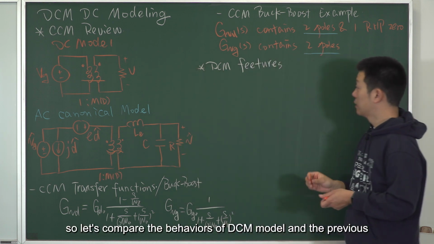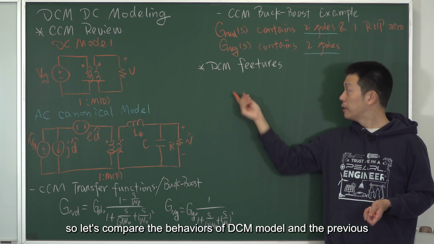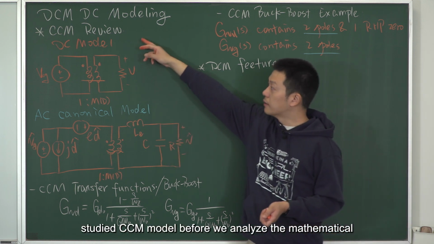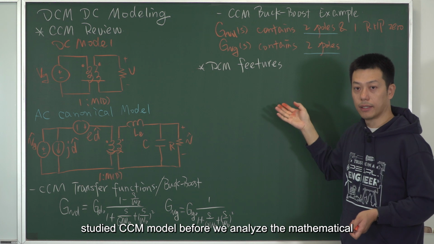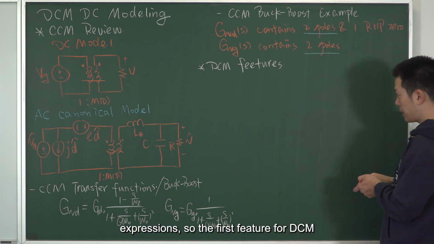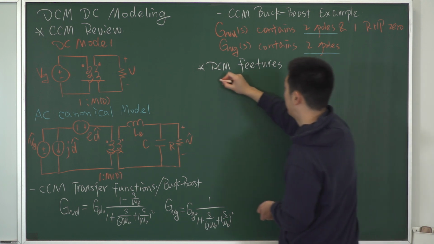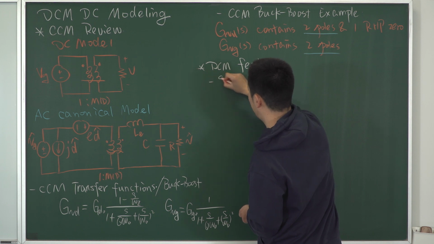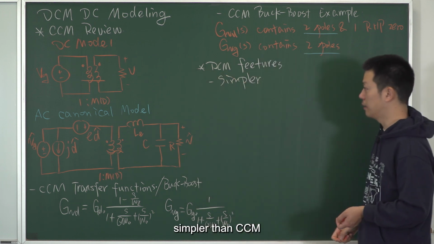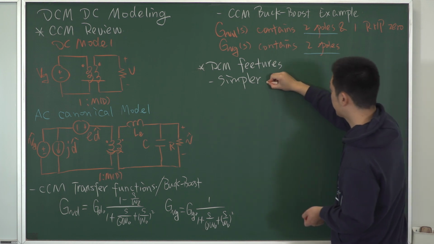Let's compare the behaviors of the DCM model and the previously studied CCM model before we analyze the mathematical expressions. The first feature of DCM is that it is simpler than CCM, with reduced order dynamics.